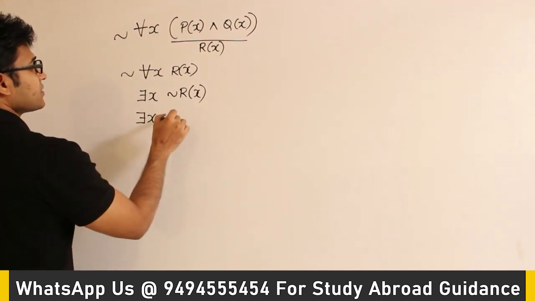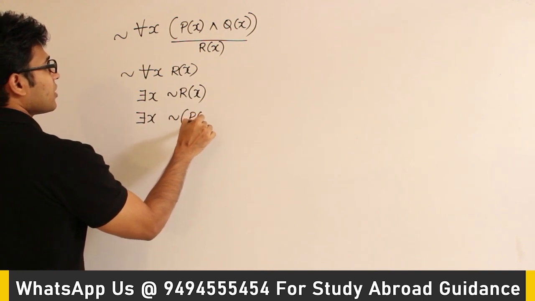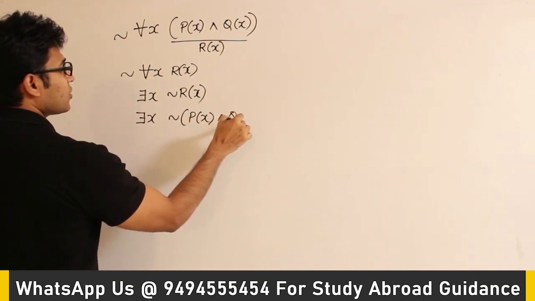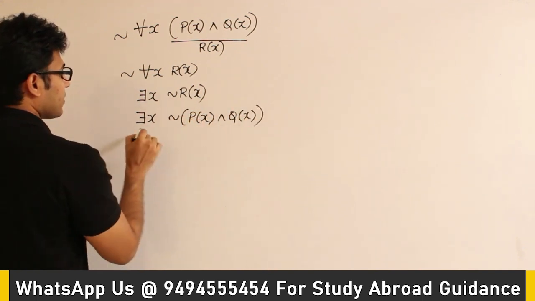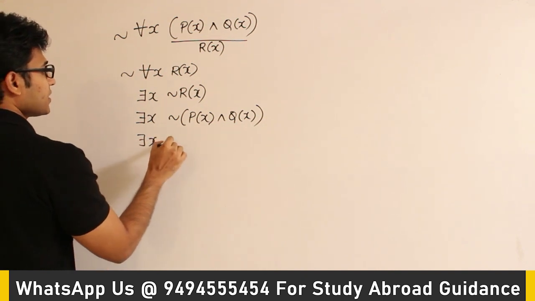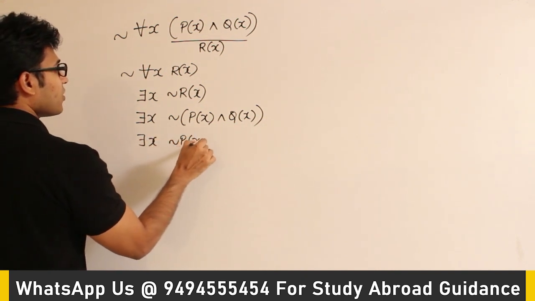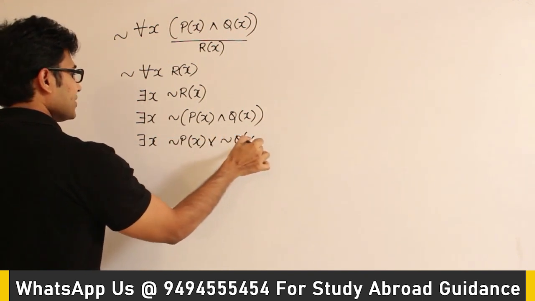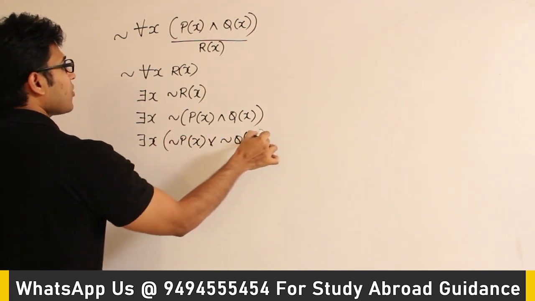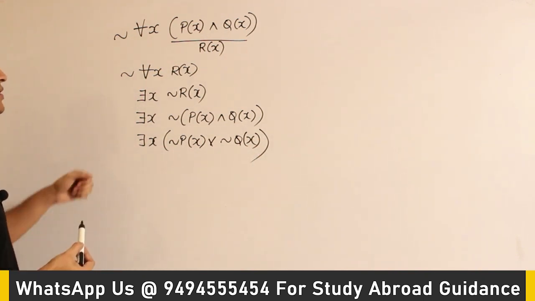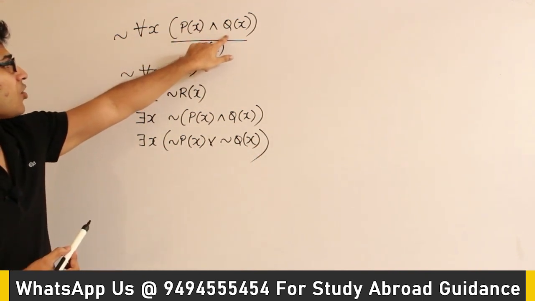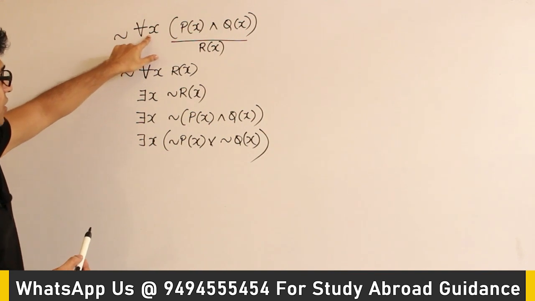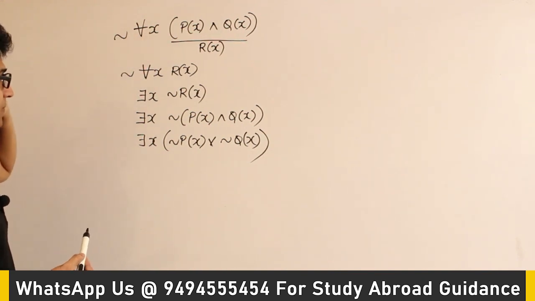There exists x, negation of p of x and q of x. So what is it? There exists x, negation of p of x or negation of q of x. Got it? So this is how you have to deal with compound propositional functions like this in combination with the universal quantifier or any quantifier with a negation.